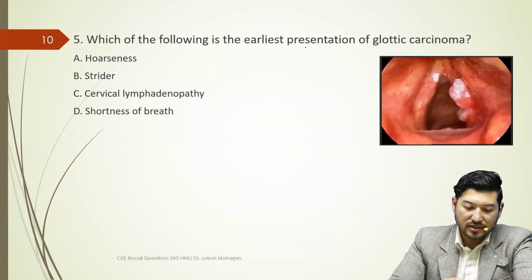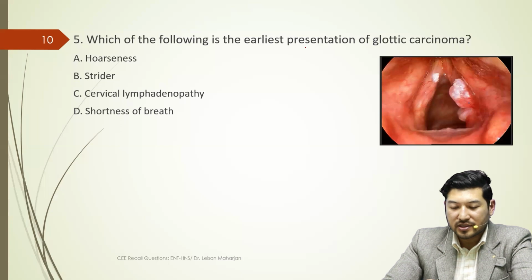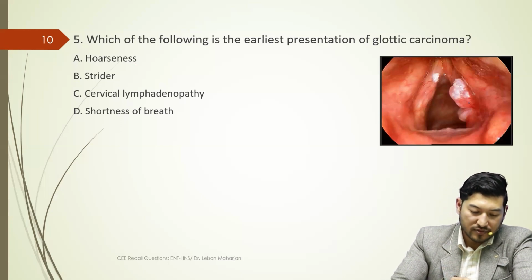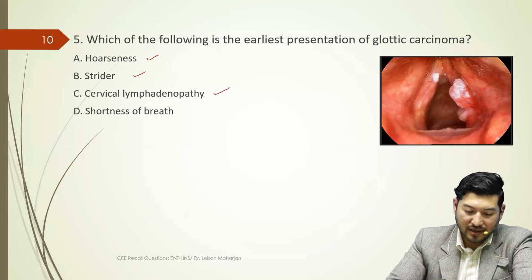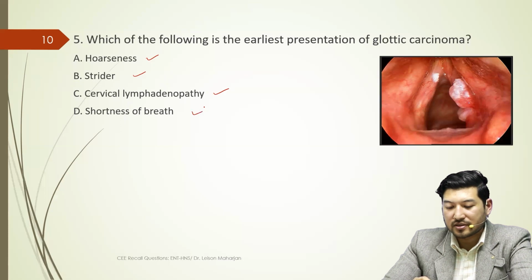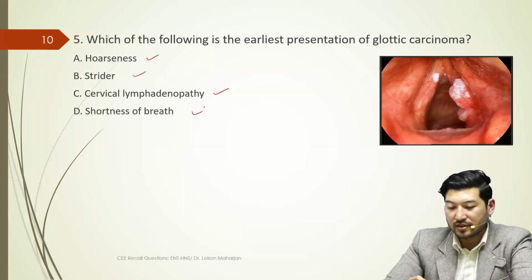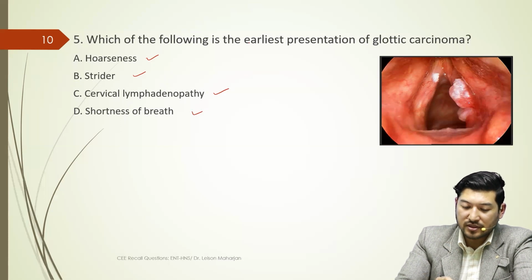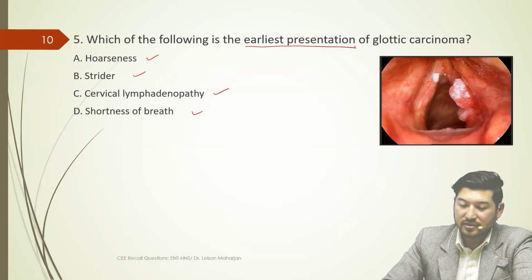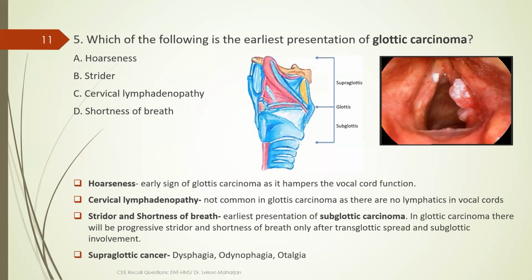Now the fifth question: which of the following is the earliest presentation of glottic carcinoma? Actually, all these four symptoms, hoarseness, stridor, cervical lymphadenopathy, and shortness of breath, can be a presentation of glottic carcinoma depending upon whether the patient presents early or late, but we have to choose the earliest presentation. Next, go to the next slide.